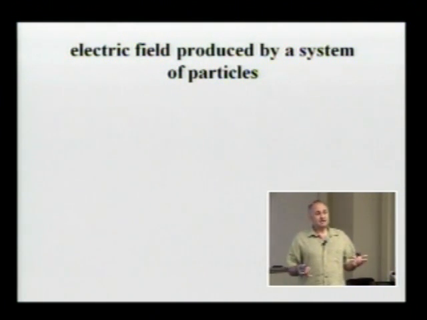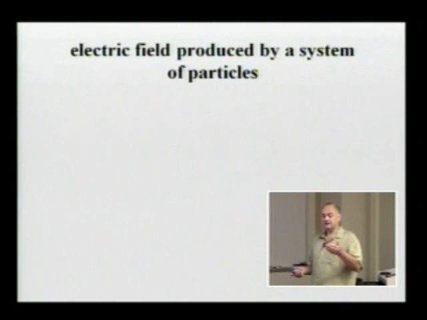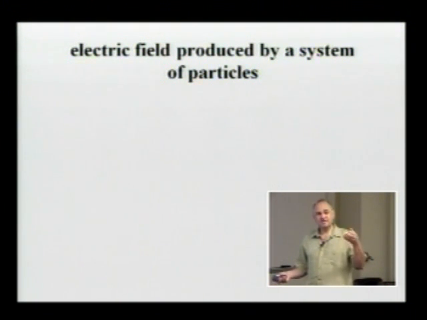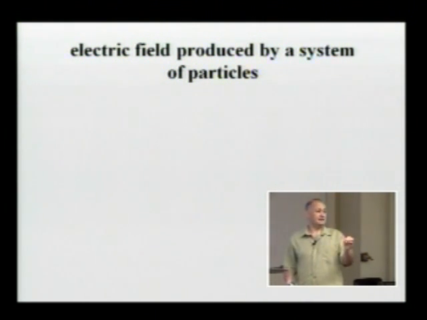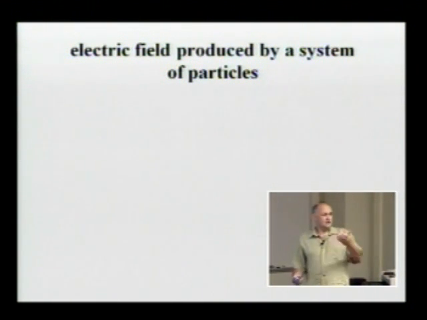Well, the electric field vector is a vector. So if we have a situation in which a particle interacts with a lot of other particles, and we want to find out the force exerted on that particle, I suggested that first we find the electric field vector produced by the other particles at the location of the particle of interest, and then multiply that electric field by the charge of the particle of interest.